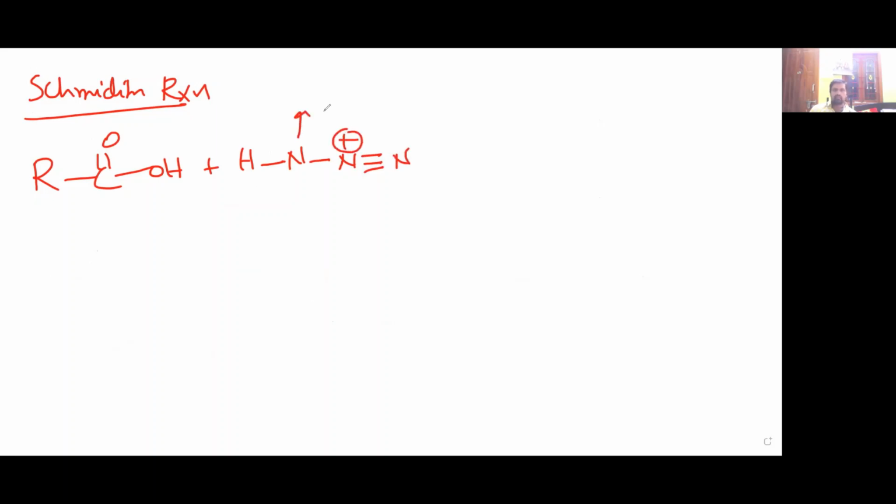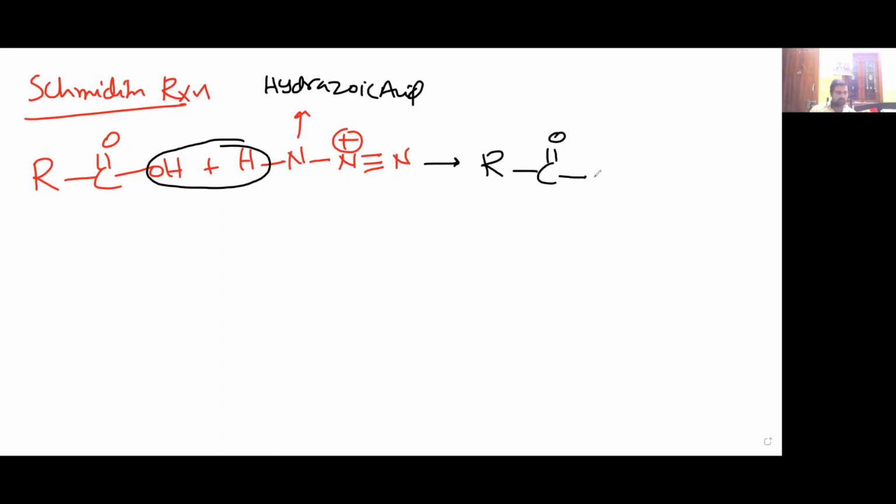So what is the name of this N3H? Hydrazoic acid. This hydrazoic acid, what is the part is eliminated? Water is eliminated. Then R, C, double bond O, N. This is because bond shifted like this, no? This is negative, it is positive. Water is eliminated.